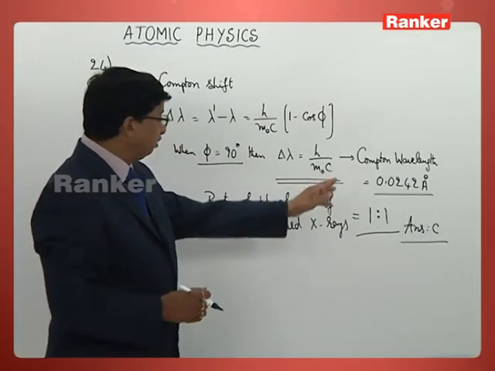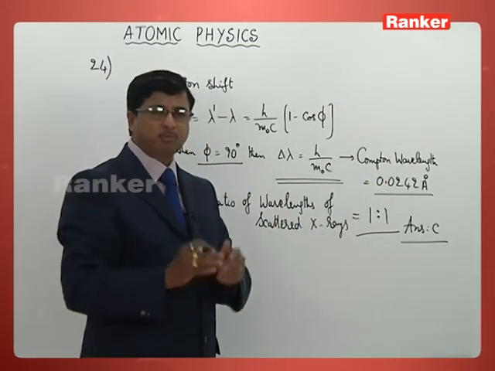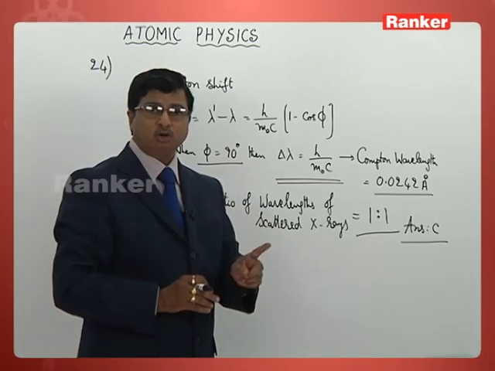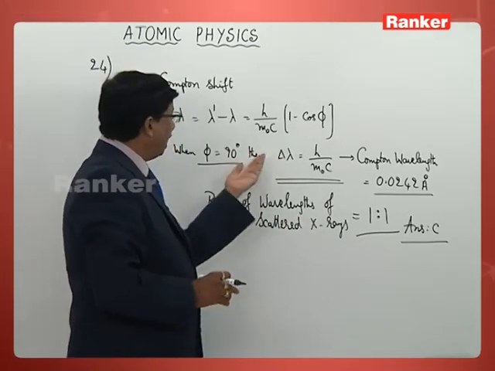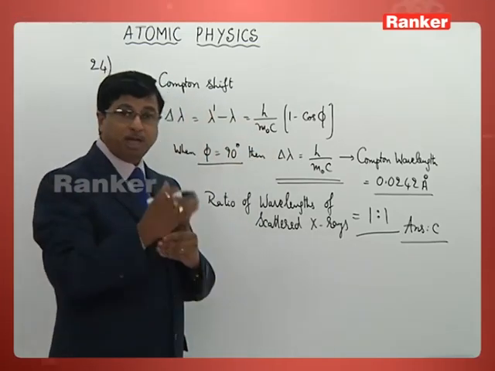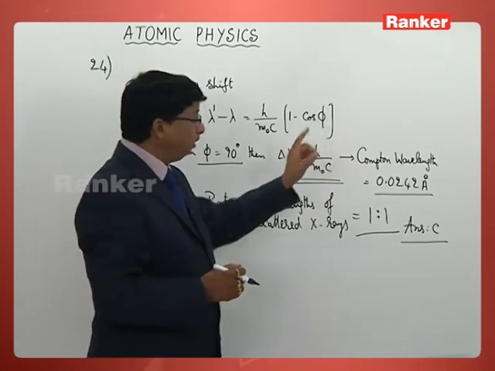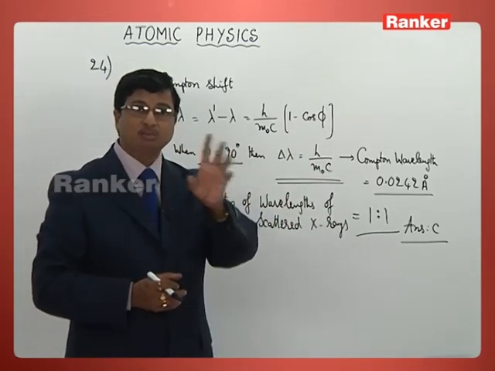In fact, you can even remember one more point here. Compton wavelength means a standard value, 0.0242 angstroms. What is going to be the maximum Compton shift, they may ask you. When will there be maximum Compton shift? When phi becomes 180 degrees, then the Compton shift will be maximum.